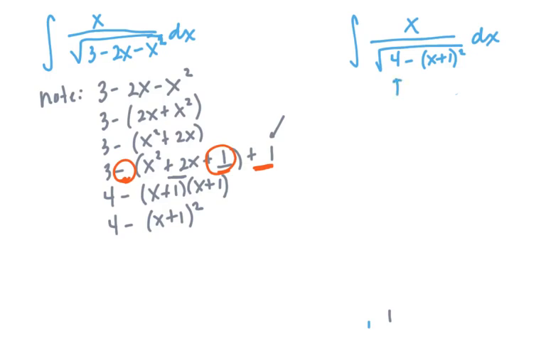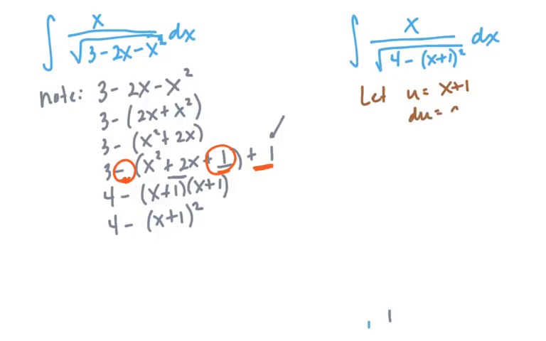So you can see that the square root of this is 2 and the square root of this is x plus 1, right? But we don't really want to carry around x plus 1, so let's go ahead and use u sub and get that out of the way. So let's let u equal x plus 1. So then we'll end up with 4 minus u squared.